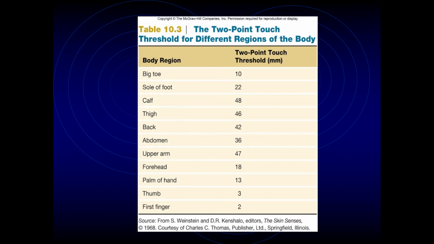Here you see a comparison between differential thresholds on different parts of the body. For the big toe, 10 millimeters. For the back, 42 millimeters.